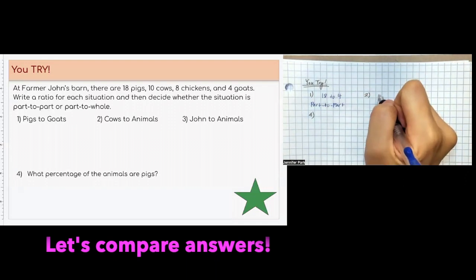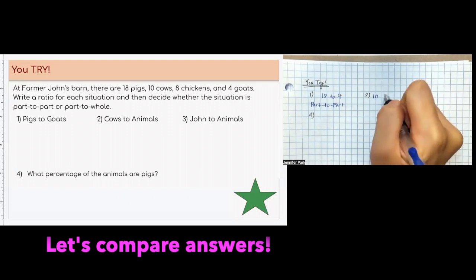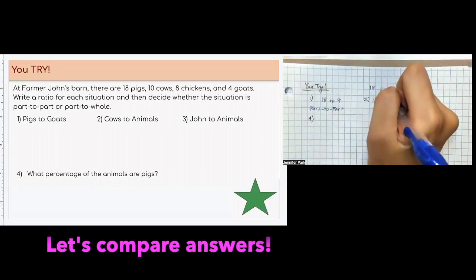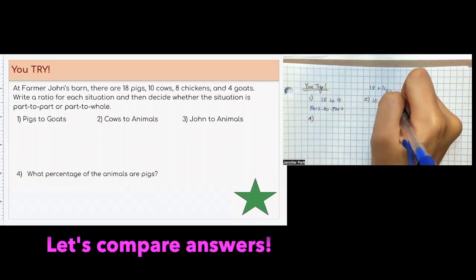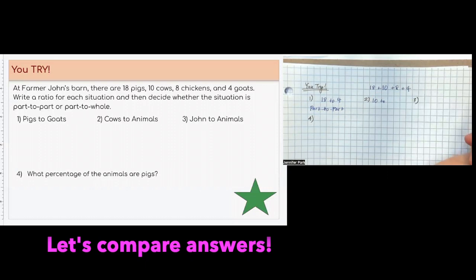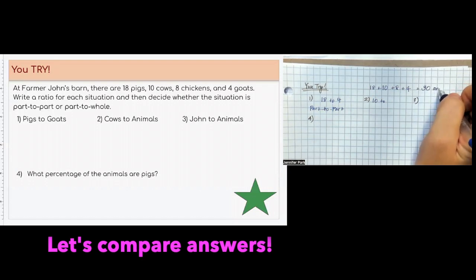There are cows to animals, a ratio of cows to animals. There are 10 cows. And how many animals are there? You've got to add them all. 18 pigs plus 10 cows plus 8 chickens plus 4 goats. You're going to add them all together, and that comes out to be 30. There are 30 animals total.